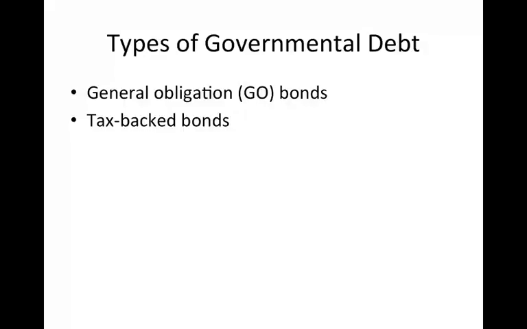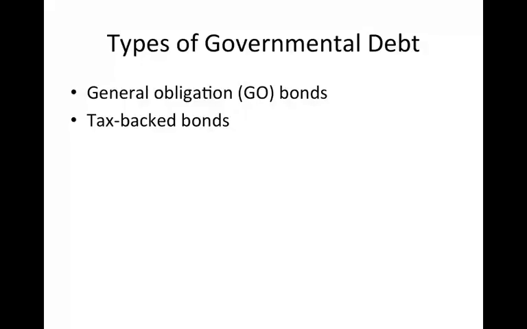But tax-backed bonds are going to be associated with a particular tax revenue, perhaps secured initially with one tax and backed up by another one if that first tax is not sufficient, or secured with a particular tax revenue with a backing of the general resources of the government.